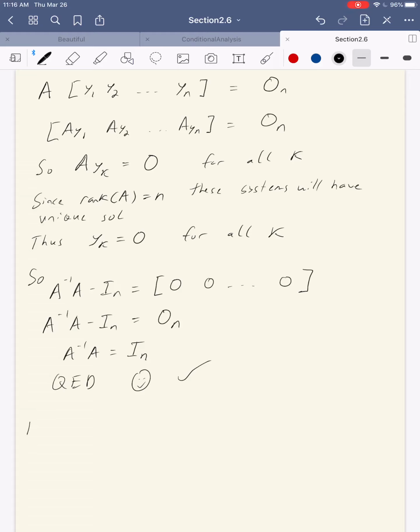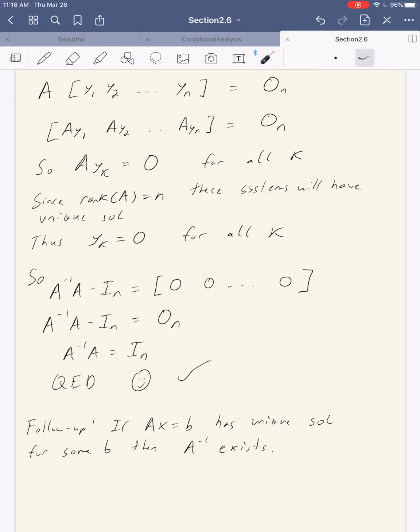One quick follow-up to this. Not super important, but just something to keep in mind. If AX equals B has a unique solution for some B, then A inverse exists.